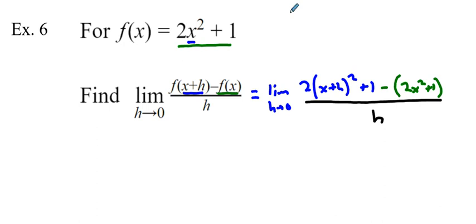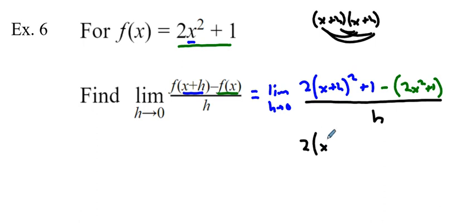Okay. Now, let's simplify things. So, first thing to simplify, we have x plus h squared. I'm just going to write that up here to remind myself that x plus h squared means x plus h times x plus h. Okay, so if I multiply that out, I've got 2 times x squared plus 2xh plus h squared.